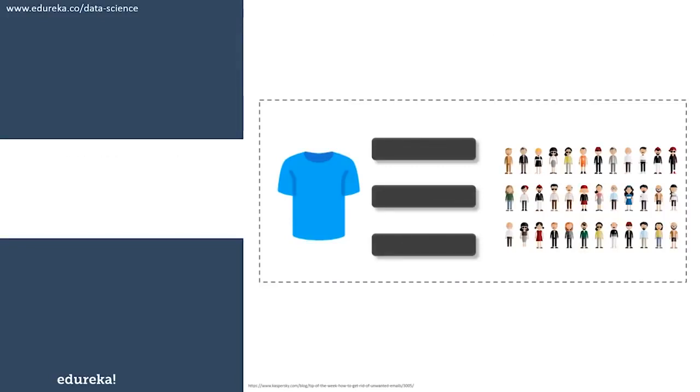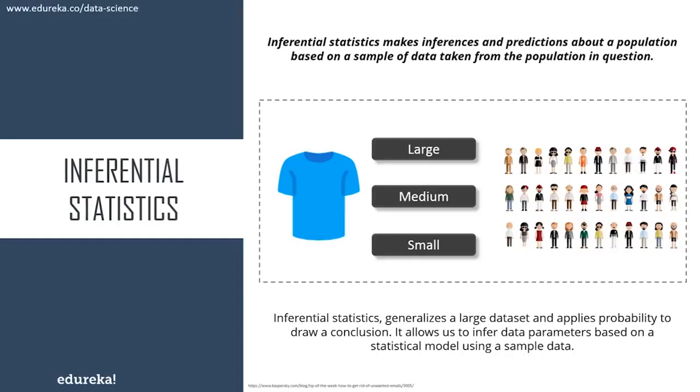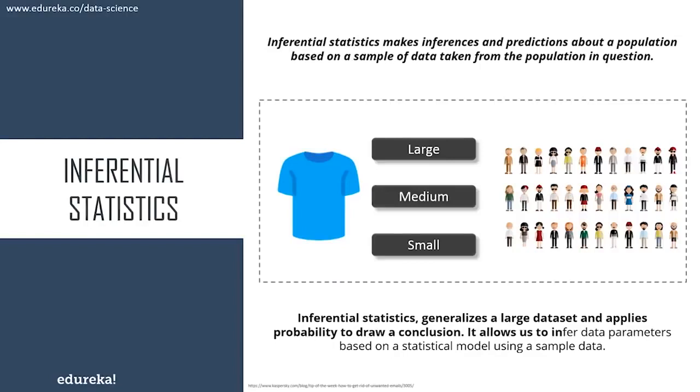Okay, so coming to inferential statistics, it makes inferences and predictions about a population based on a sample of data taken from the population. Okay, so in simple words, it generalizes a large data set and applies probability to draw a conclusion. It allows you to infer data parameters based on a statistical model by using sample data.